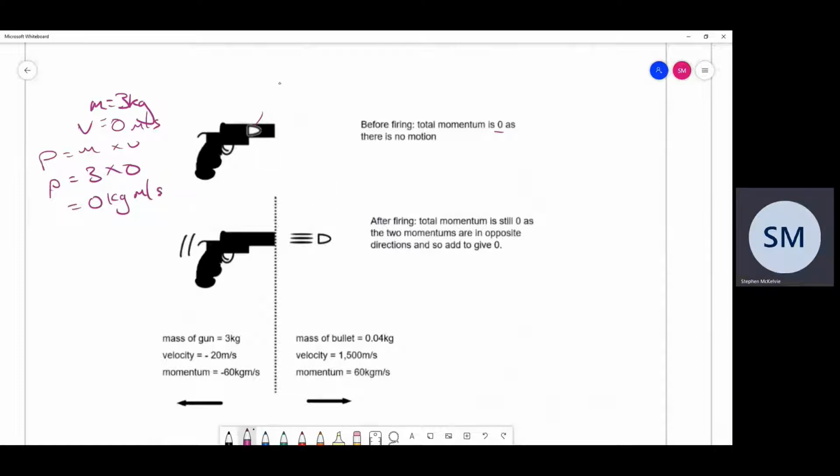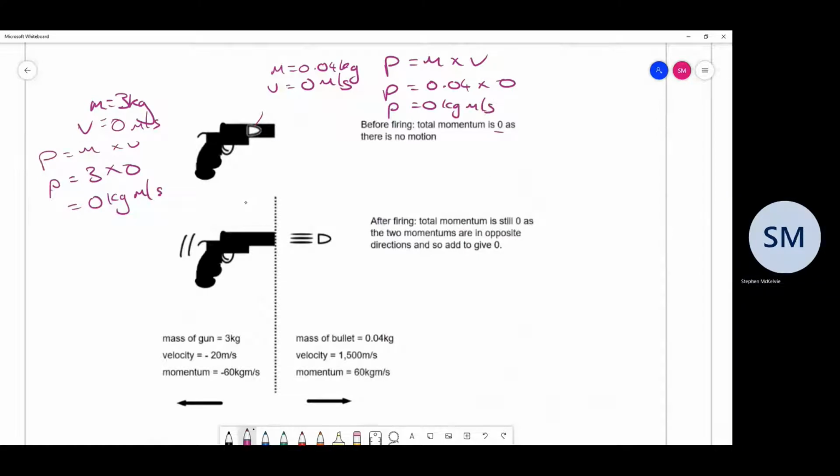The bullet has a mass of 0.04 kilograms. It also has a velocity of 0 meters per second. Momentum equals mass times velocity, so 0.04 times 0 gives 0 kilogram meters per second. The total momentum here is 0 kilogram meters per second.